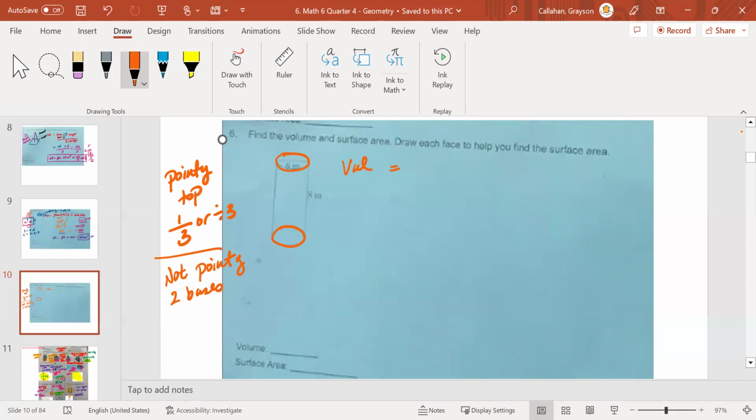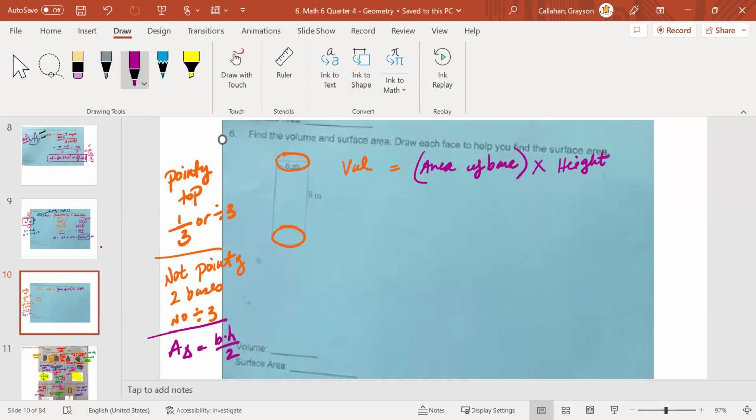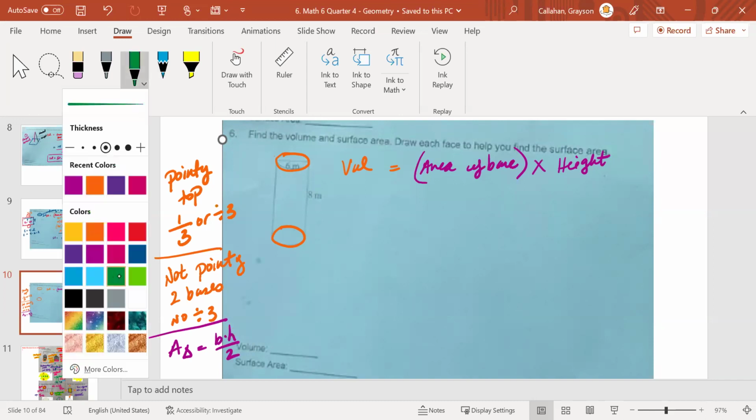You don't need to divide it by anything. So then you do no division. Does that make sense? The area of a triangle is base times height divided by 2. All right, so with that said, the area of a base, this will be an easy one.